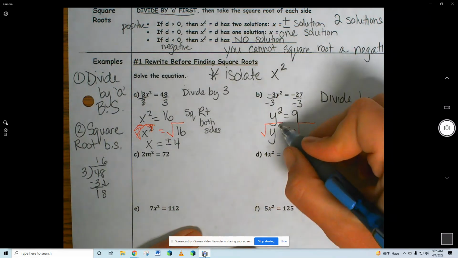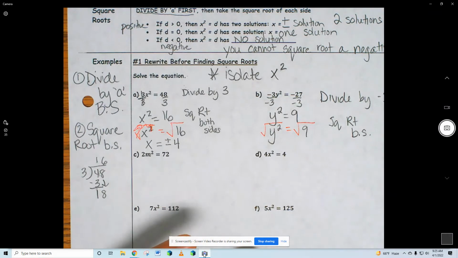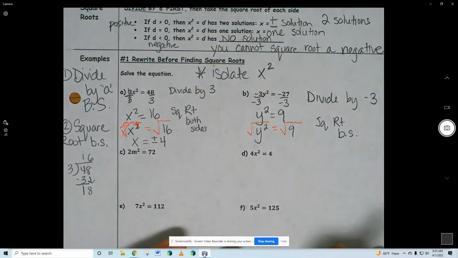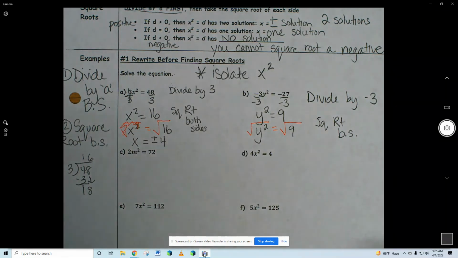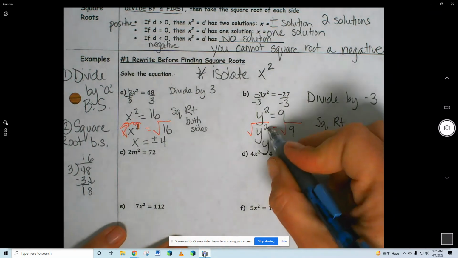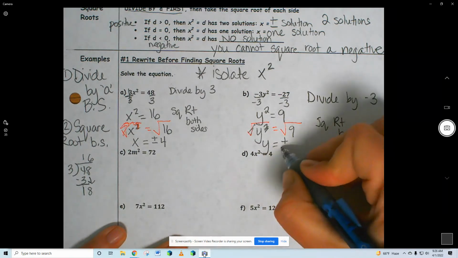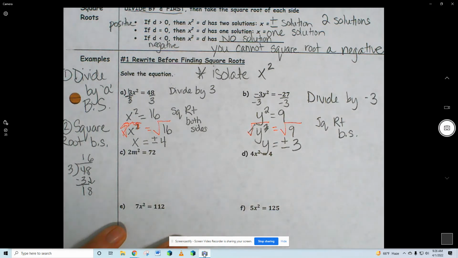So, square root both sides. And the power of 2 and the square root cancel. Square root of 9 is plus or minus 3. Negative 3 times negative 3 equals positive 9. Positive 3 times positive 3 equals positive 9.